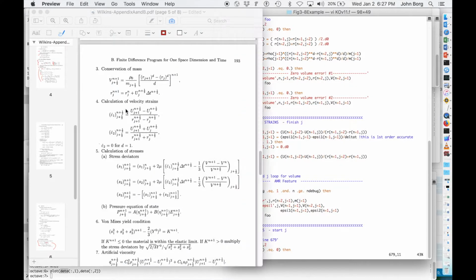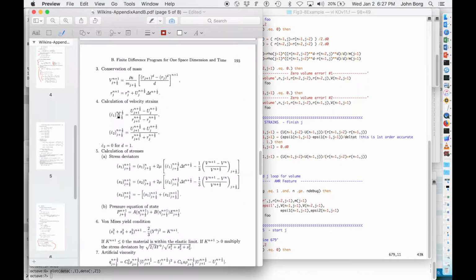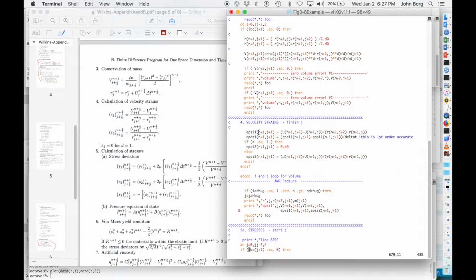Here's the velocity strains, epsilon dot, and these are at half steps in time and in space. So that's why these are at n plus 1, j plus 1, and then it calculates these guys.